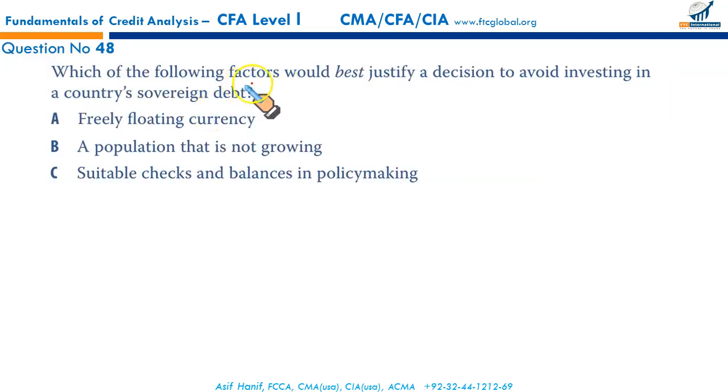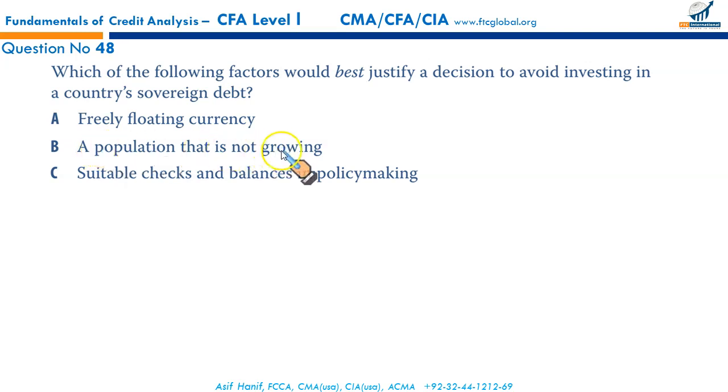Last, which of the following factors would best justify a decision to avoid investing in a country's sovereign debt? A freely floating currency, that is good. Suitable checks and balances in policy making, that is good as well. But a population that is not growing. A relatively younger population normally means the economy is growing, it will contribute more towards the GDP.